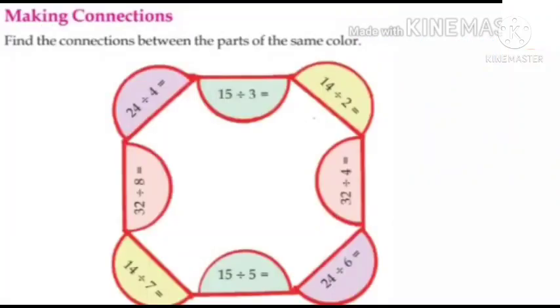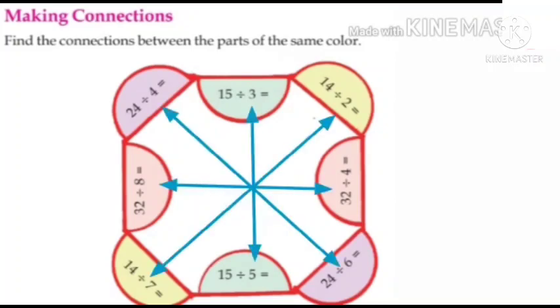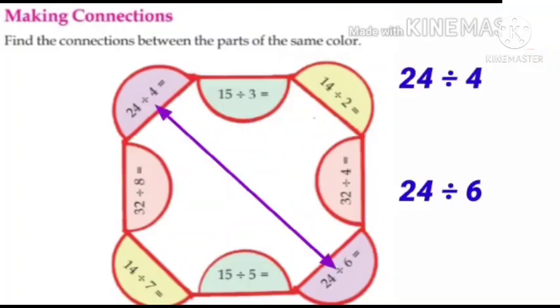See the next question. Making connections. Find the connections between the parts of the same color. See, parts of the same color are opposite to each other. Let's check one pair. First pair are 24 divided by 4 and 24 divided by 6. You know 6 fours are 24.